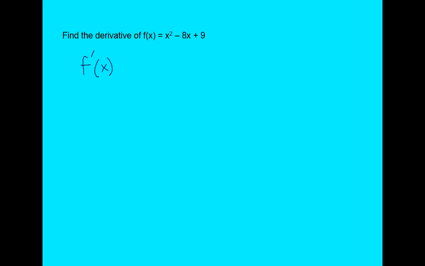And we know f prime of x equals the limit of f of a plus h minus f of a all divided by h as h approaches 0. That's the definition of a derivative. So it's asking us to find the derivative of f of x. That's what this represents, the derivative of our function f of x.